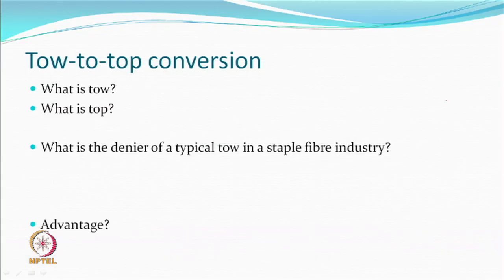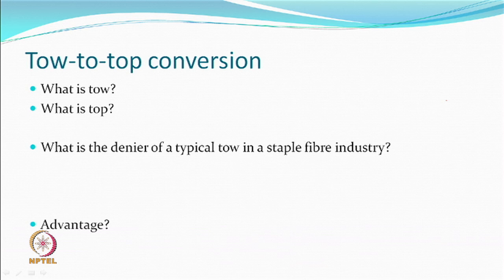If it is cotton or wool, they are naturally grown, they are hardly parallel, so you can't do anything about it, you have to do everything. But why, for a synthetic material which is anyway being made in a parallel manner, are you first trying to deparallelize and then again opening and spending energy on that? That is why these tow to top conversion systems were designed.